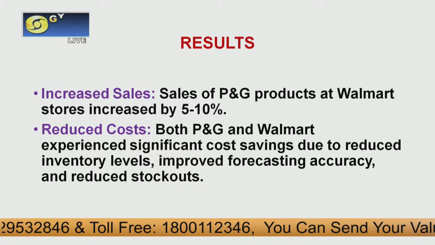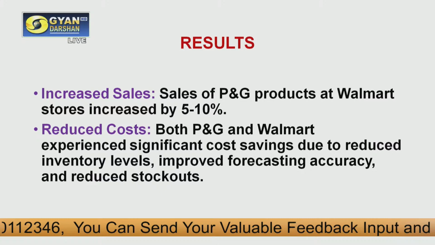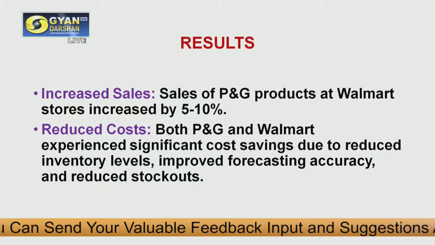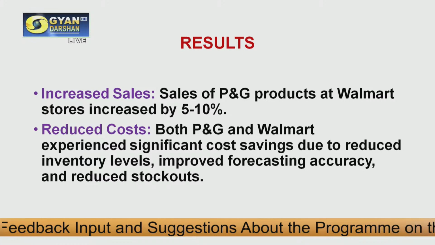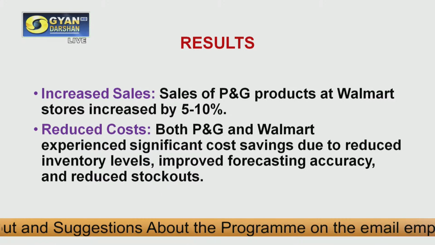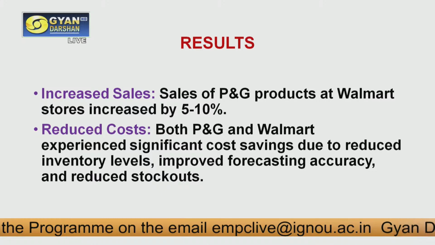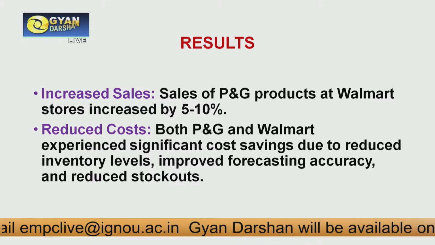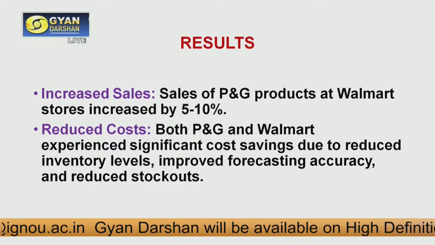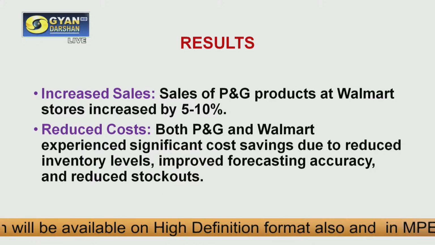Another important thing which was experienced by Procter and Gamble as well as Walmart: since there was continuous replenishment and the inventory was managed by Procter and Gamble at Walmart, the sales improved. There was an increase in sales of 5 to 10%.